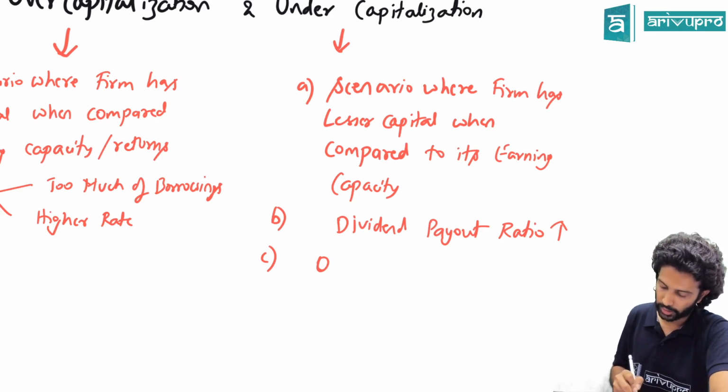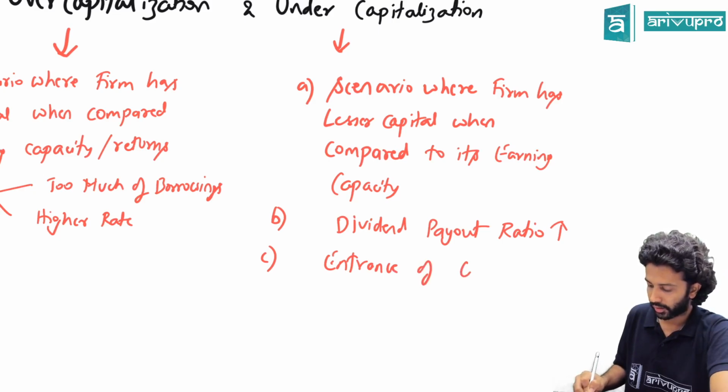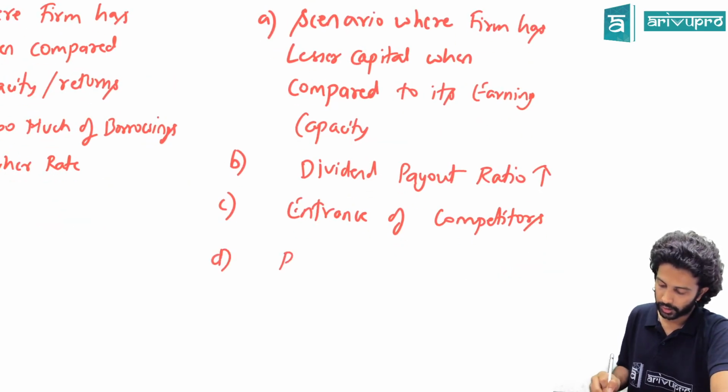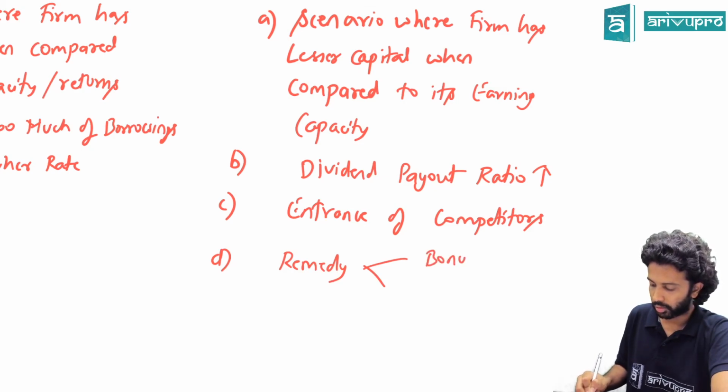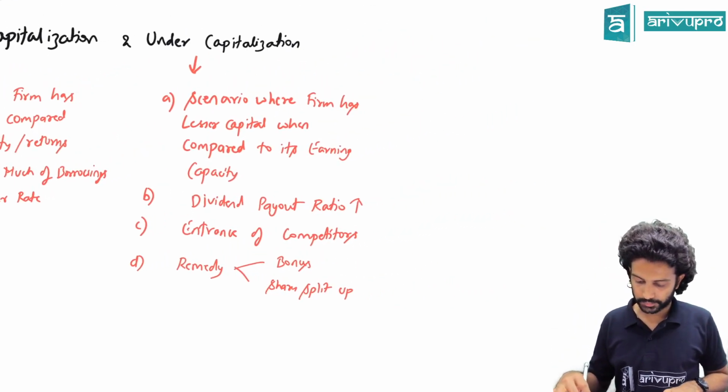We can write new entrants, or entry of competitors. What is the remedy? There you can go for bonus or share split. So that's your undercapitalization from my side.